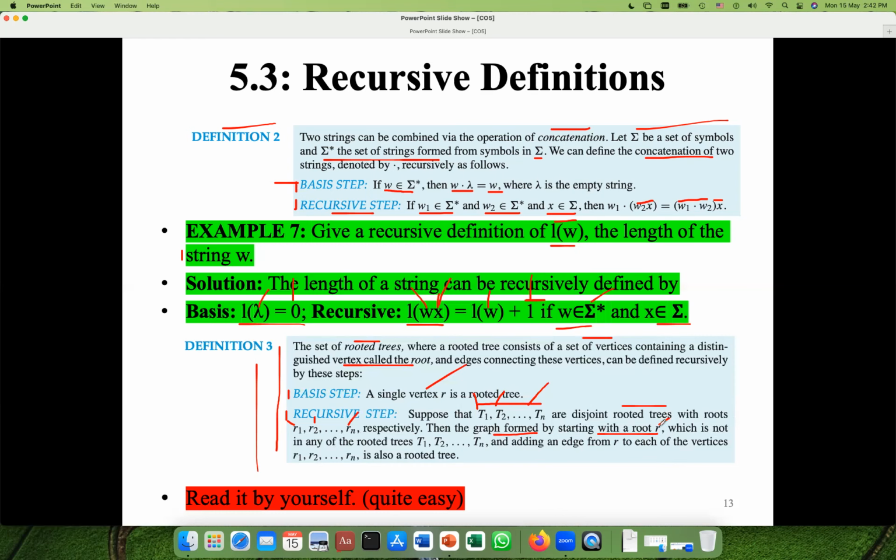This single root R is not part of any of these trees. It is separate. And now we want to add an edge from all these trees, T1 to Tn, to that root.